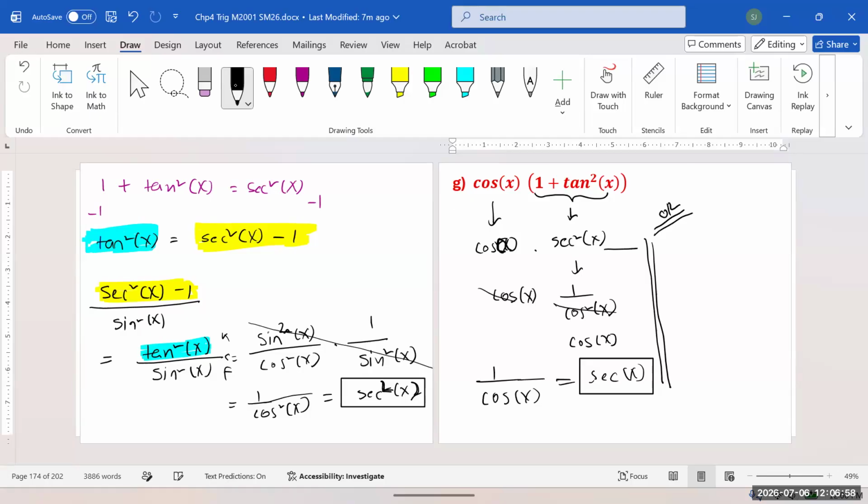Or from this line, you can rewrite cosine as 1 over secant x. And we have secant square x. So secant square, we are left with secant x. Our answer is secant x.